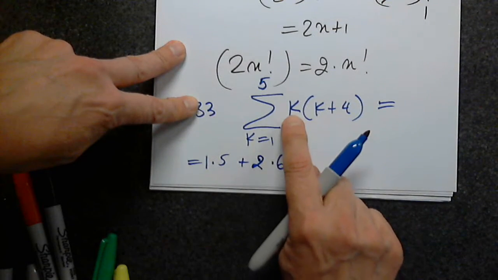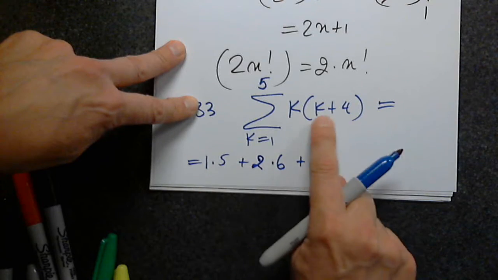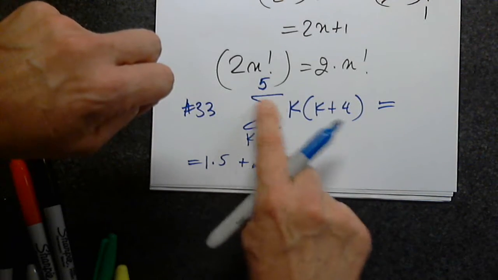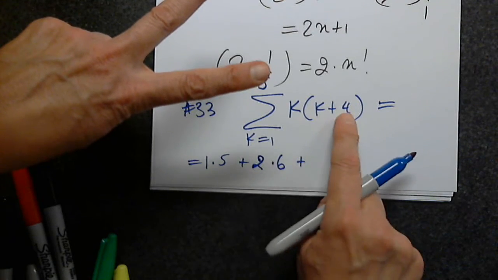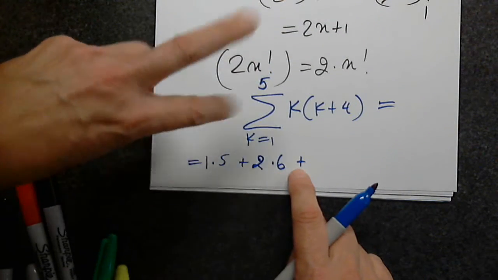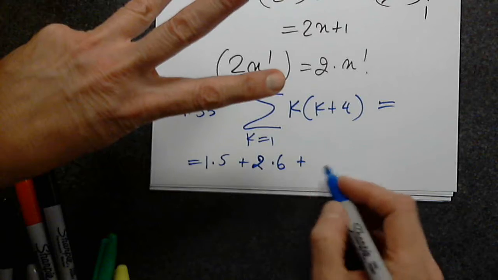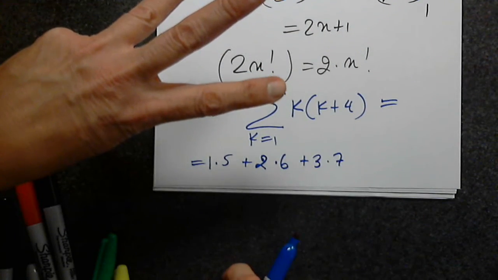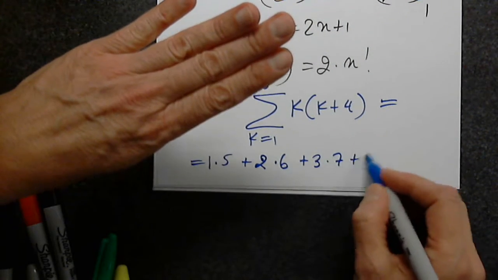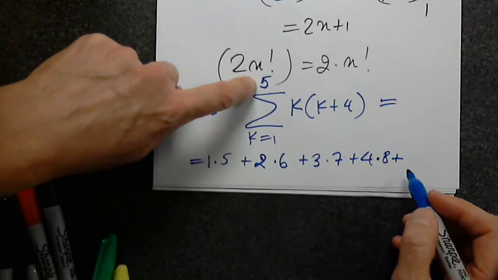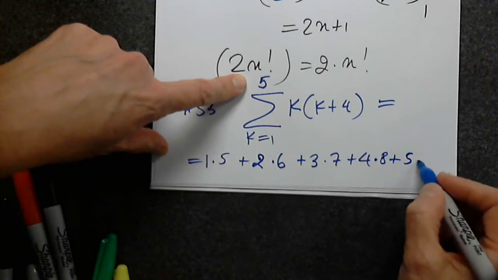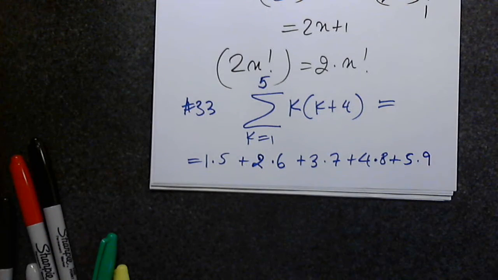When k is 1, 1 times 5, plus. When k is 2, 2 times 6, plus. When k is 3, 3 multiplied by 7. When k is 4, plus 4 multiplied by 8, plus when k is 5, and that's the last one, 5 multiplied by 9.